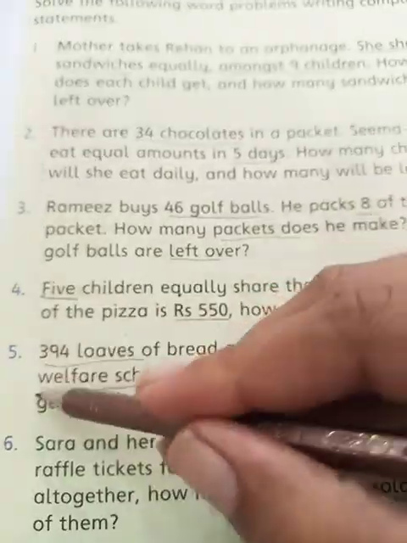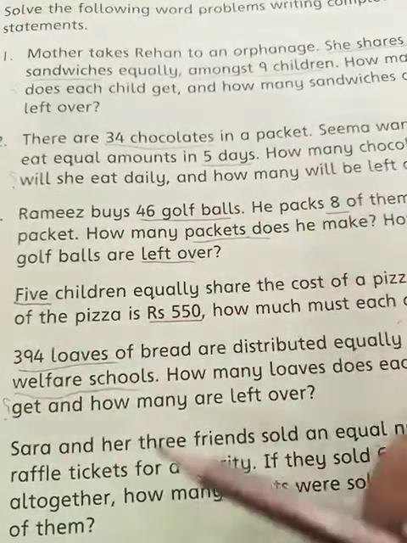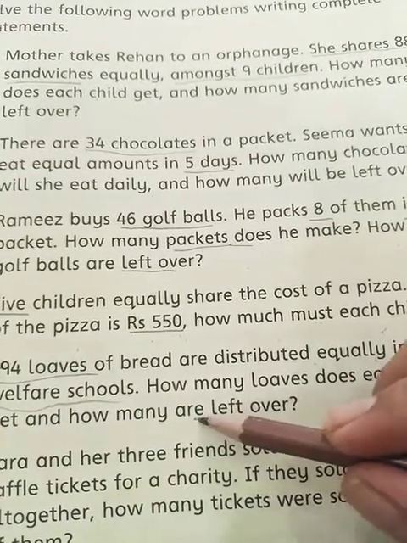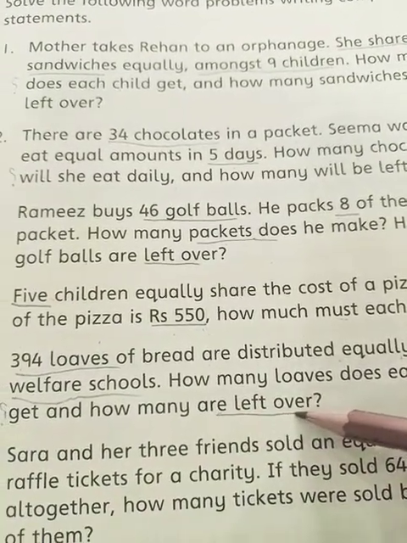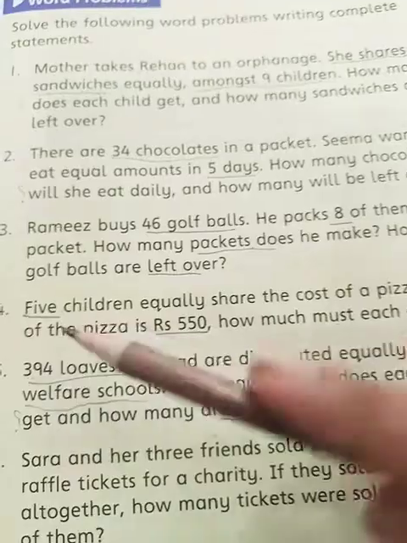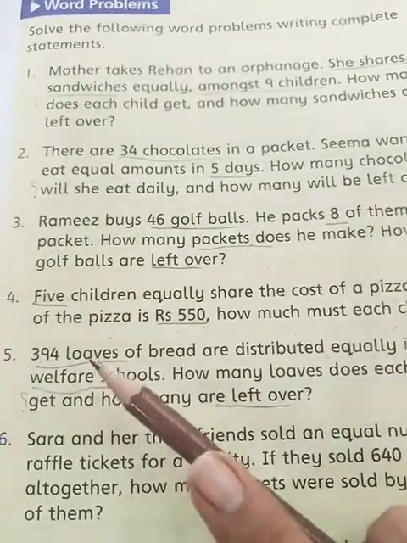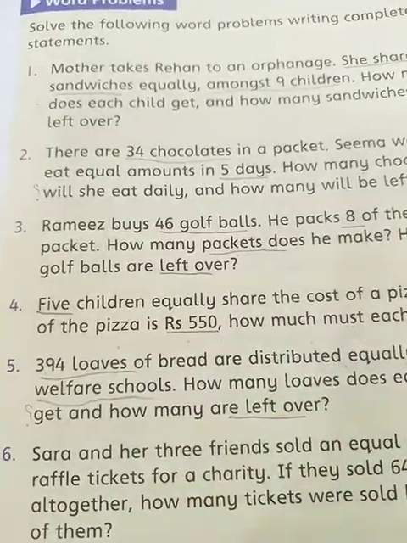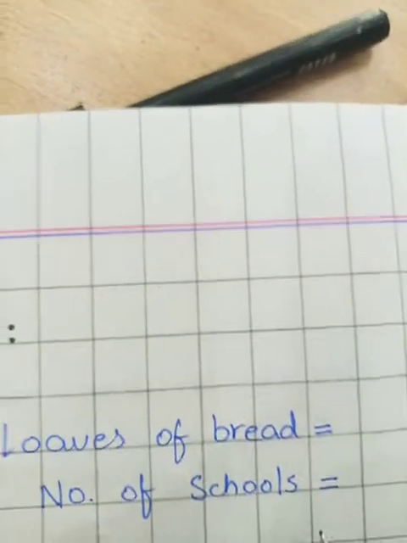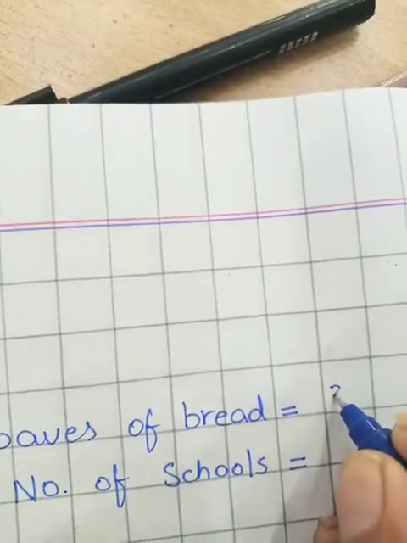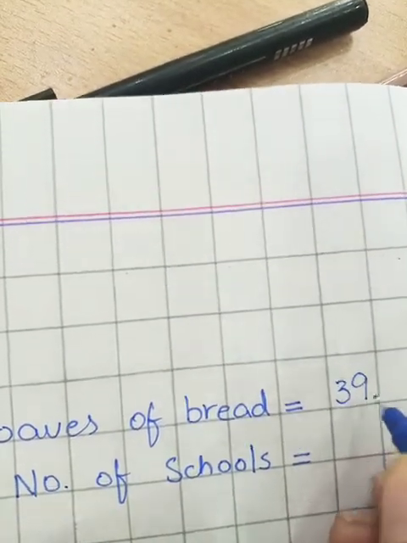How many loaves will each school get? That is our first question. And our next question is, how many are left over? You are going to tell how many loaves will be left over by distributing 394 loaves among the 3 schools. Now let's write it in your notebook. Now students, first you are going to write the loaves of bread, that are 394.